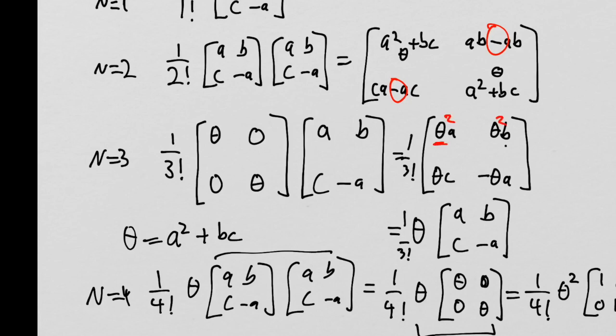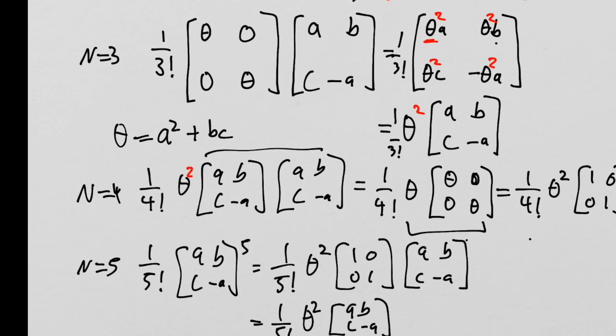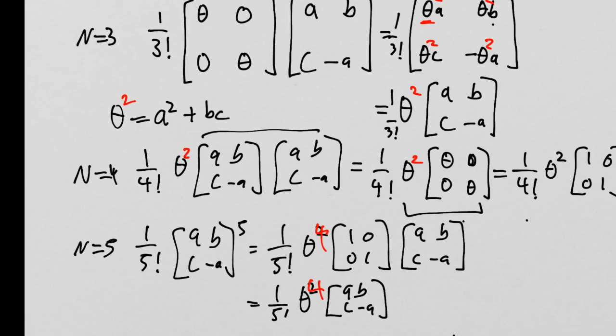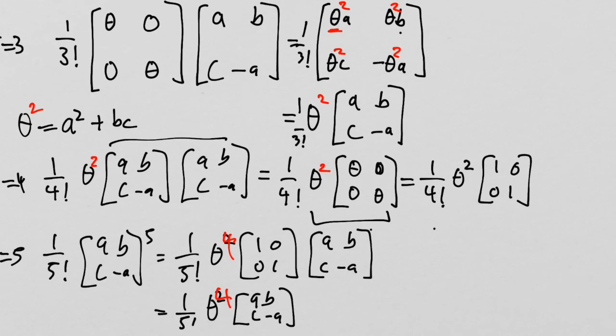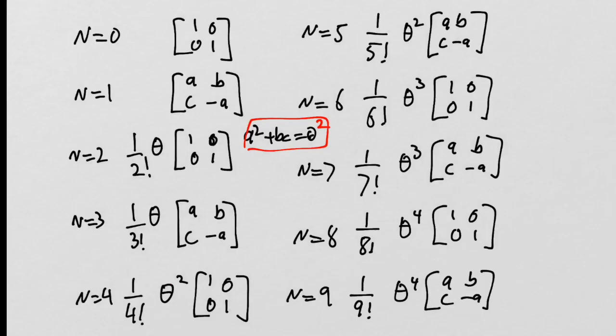This should be theta squared, and this would be theta to the fourth, right? Okay, so I've readjusted that definition. Notice this does put a constraint. The a squared term will always be positive, but b times c is going to have to always be positive for this to work. Okay, so we've done this matrix element.